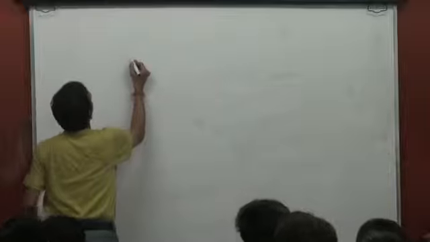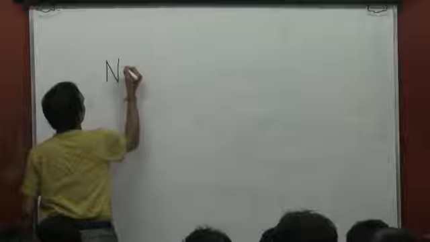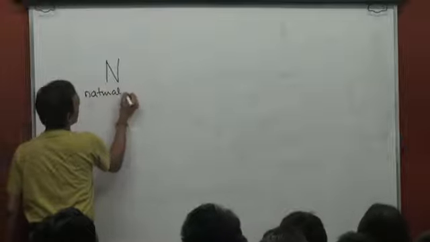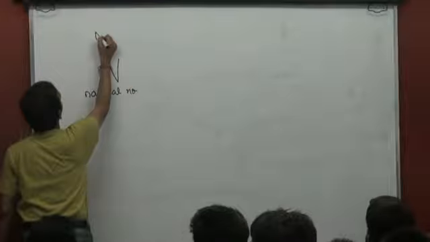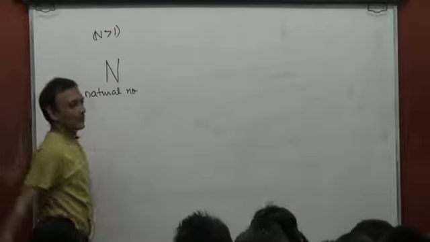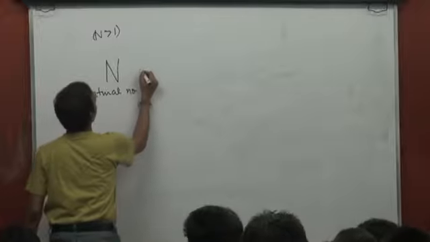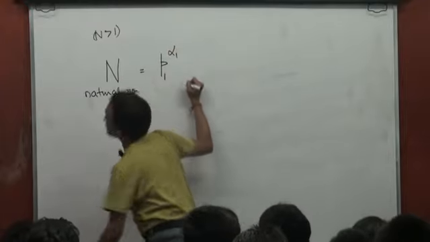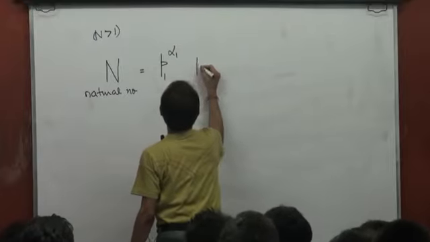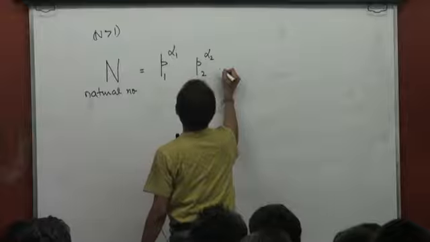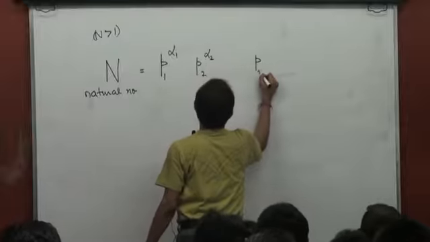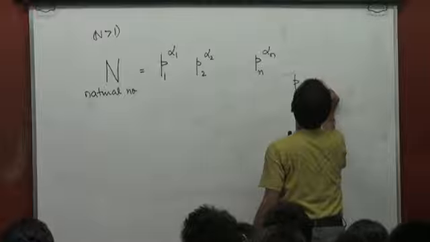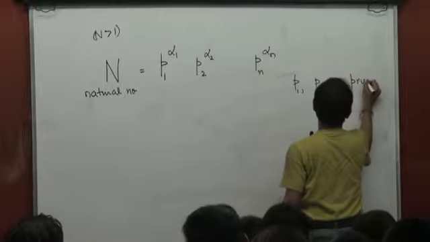Say a natural number n, let me assume that n is greater than 1, could be written as some prime number p1 to the power alpha 1 into prime number p2 to the power alpha 2 into prime number pn to the power alpha n. p1, p2 are prime numbers.